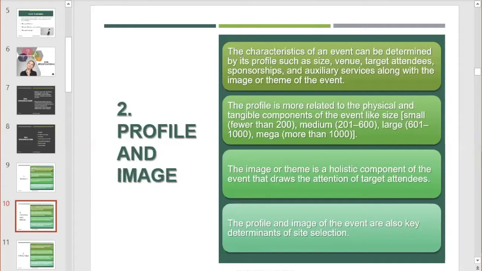So in addition to the size, we need to also think about the image or theme as a holistic component of the event that draws the attention of target attendees. You may have a particular size of attendees that you are looking for. However, the profile and the image of the event that you are hosting will to a large extent also determine where you can host the event, irrespective of the size that you're expecting.